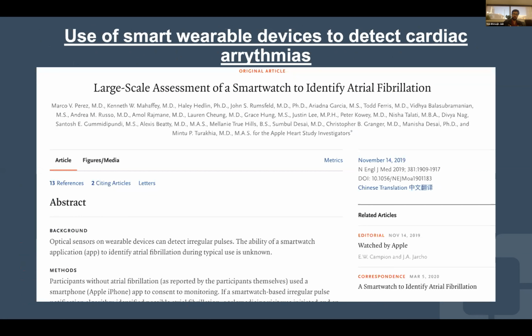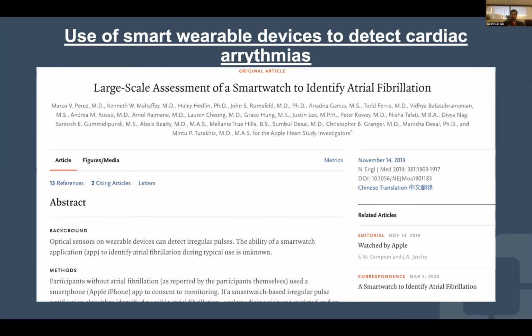And then, like Dr. Guha said, smart wearable devices are really becoming popular to detect arrhythmias. This was one of the really famous studies that made the Apple Watch famous a few years back. People were given Apple Watches to wear, and whenever the Apple Watch detects an abnormal rhythm, it sends an alert to the wearer.